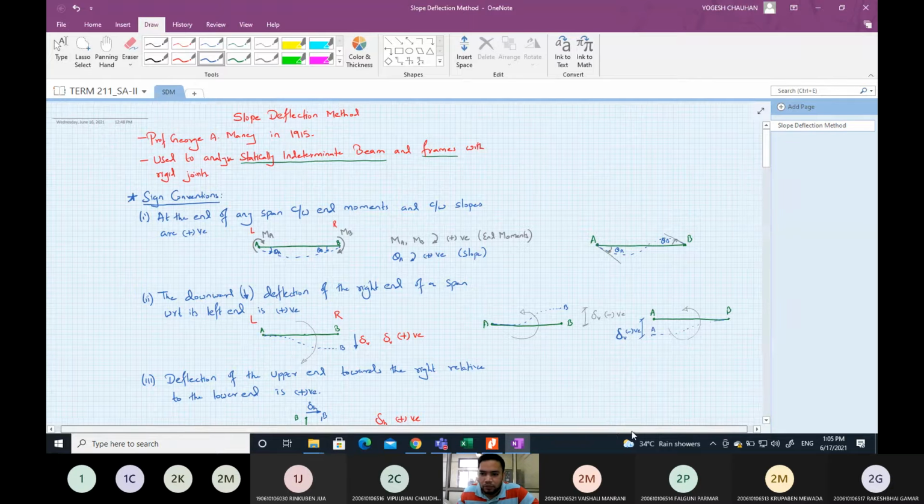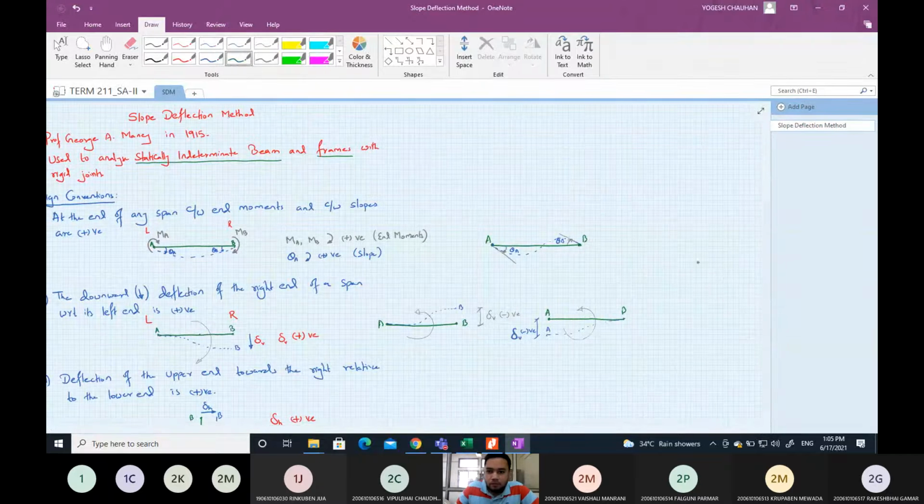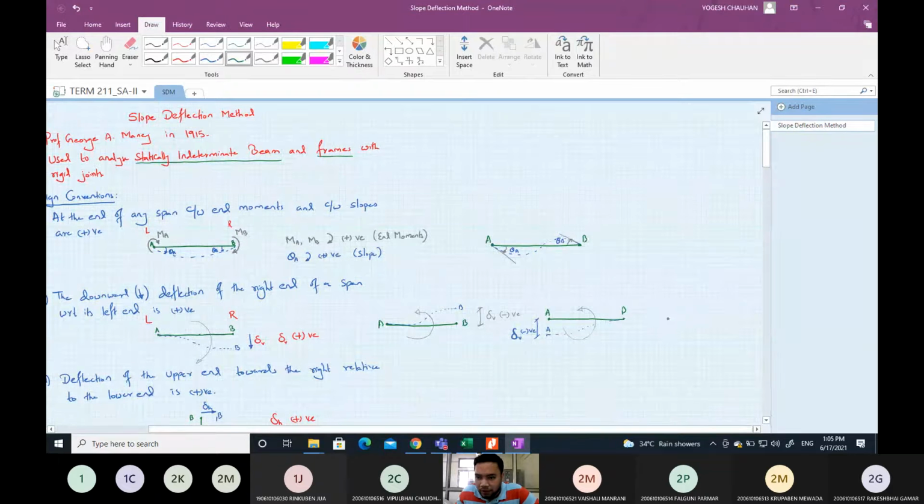Now suppose that support A deflects upward.